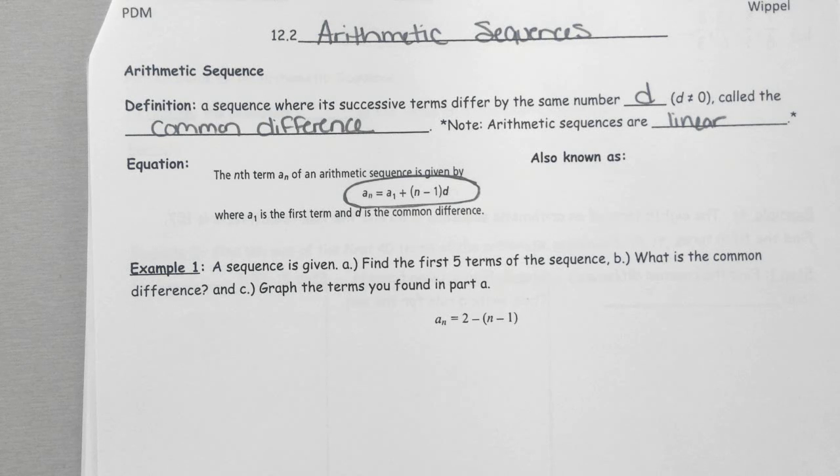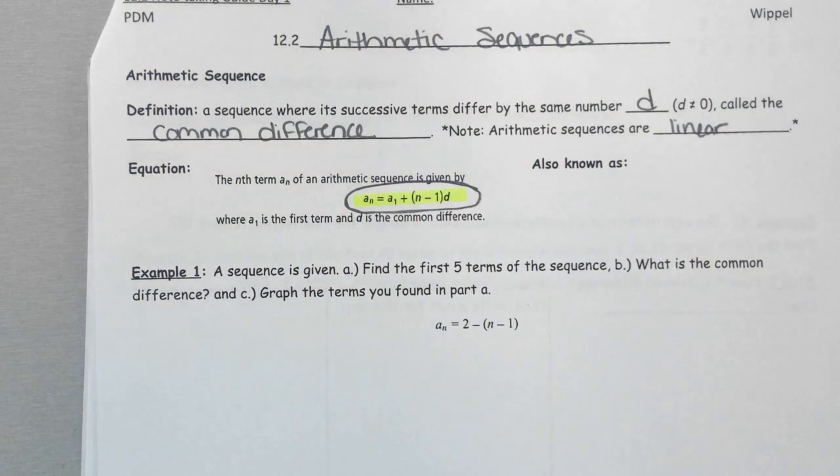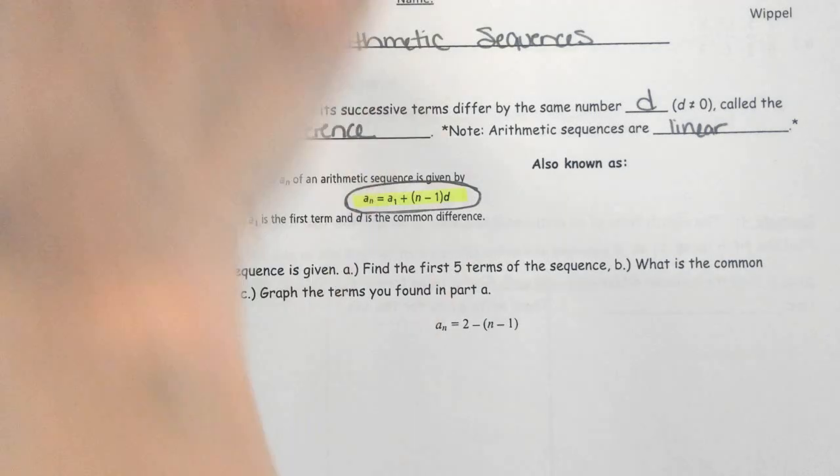And then this is the explicit equation of how you get there. So you take your first term plus n minus 1 times the constant difference. So this is the basic formula for finding an arithmetic sequence, and this is what we're going to be using all hour. So I'll circle it and I'll highlight it. That's how you know it's real important.